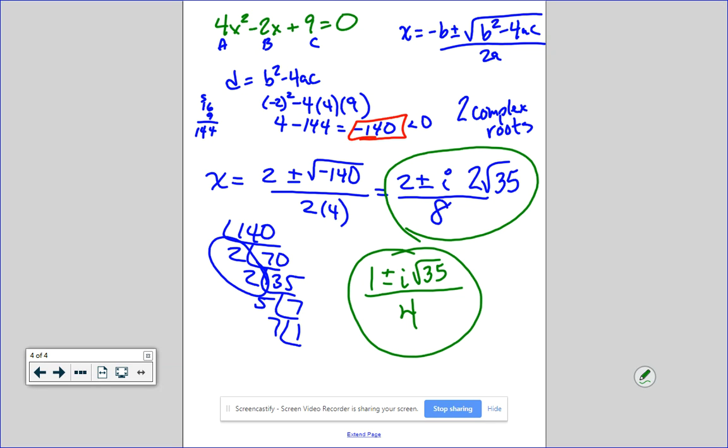So for that question, it has 3 answers. The discriminant value, which is negative 140. The type of roots, which in this case is 2 complex. So again, you take your discriminant value. If it's positive, you have 2 real roots. If it's equal to 0, you have 1 real root, and it's a double root.